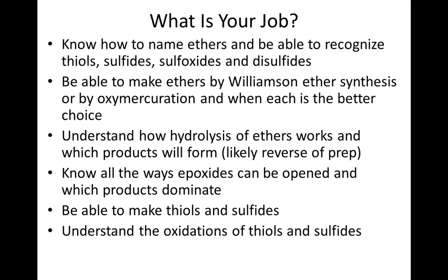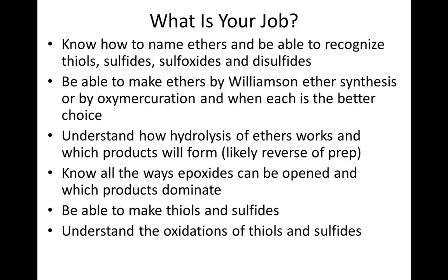All right, so for this chapter, you need to know how to name ethers, and you need to also be able to recognize thiols, sulfides, sulfoxides, and disulfides. And you need to be able to make ethers by either the Williamson ether synthesis or by oxymercuration, and you need to understand when you would use which one of those. And remember, that was looking at the degrees of the carbons attached to the oxygen. That would help you.